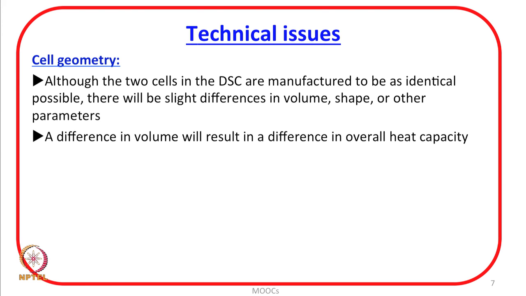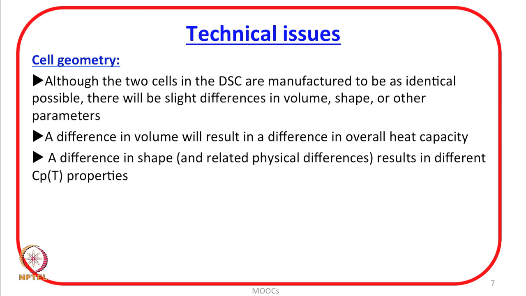Moreover, if there is a difference in volume, that is definitely going to result in a difference in overall heat capacity. Similarly, a difference in shape and of course unrelated physical differences will also result in different heat capacity versus temperature properties.